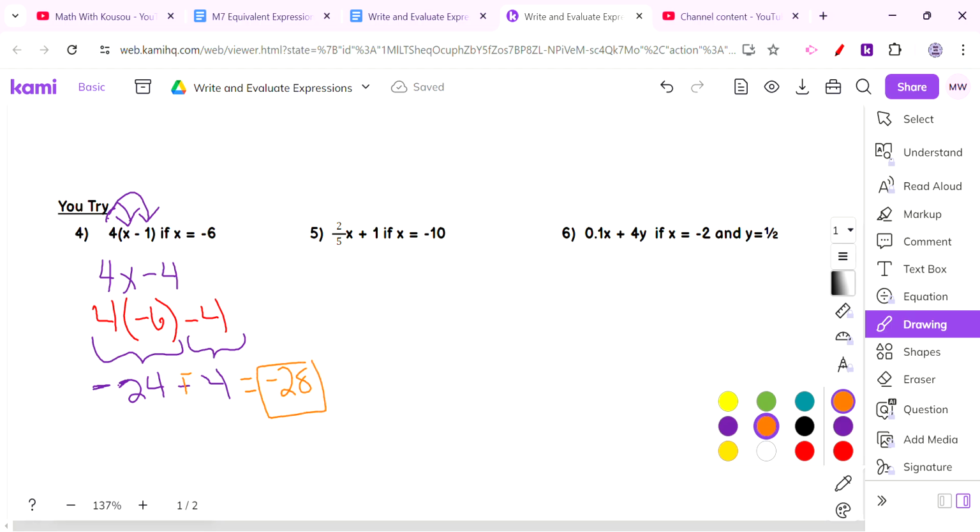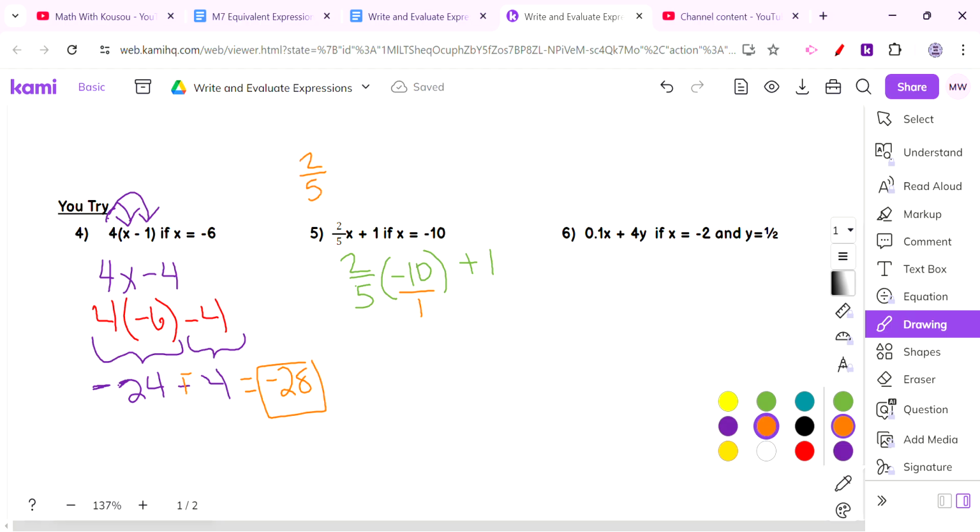Okay, for our next problem here, we have 2/5 x plus 1 if x equals -10. So I'm going to plug in -10 for x. Now, in order for me to multiply a fraction by a whole number, right, I have to put it over 1. And I'm going to do the math for that on the side here.